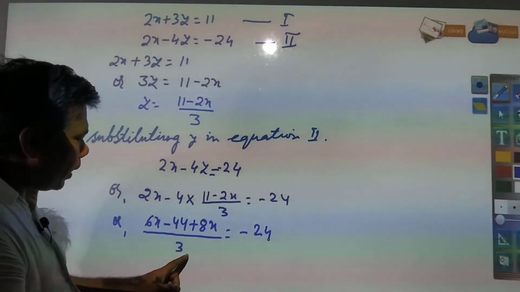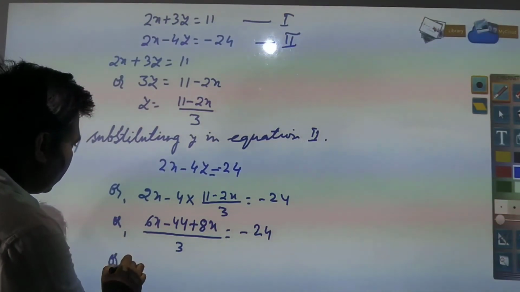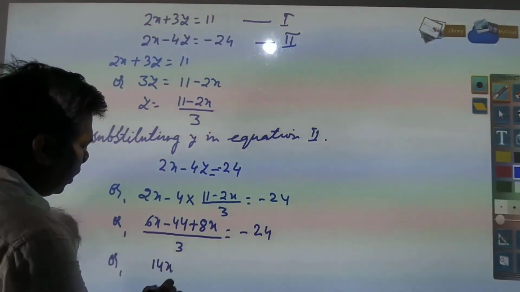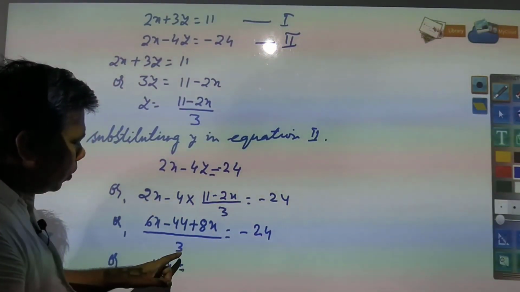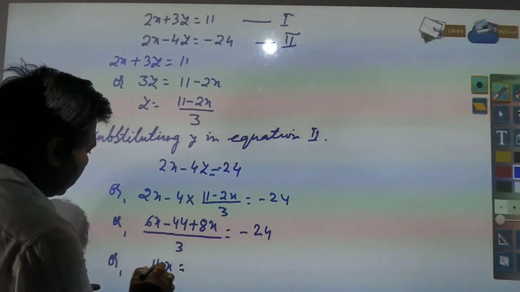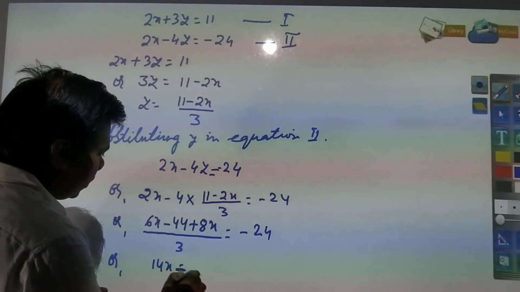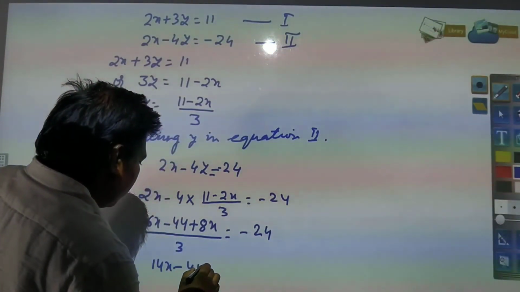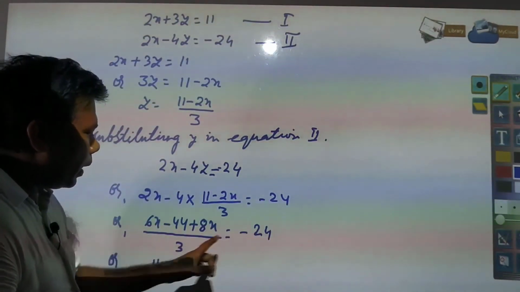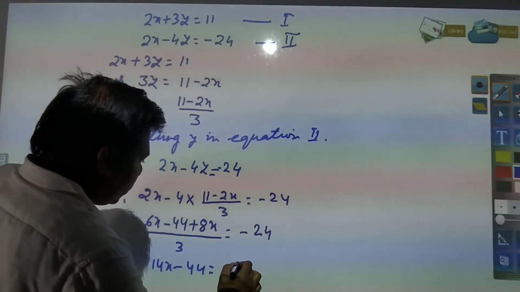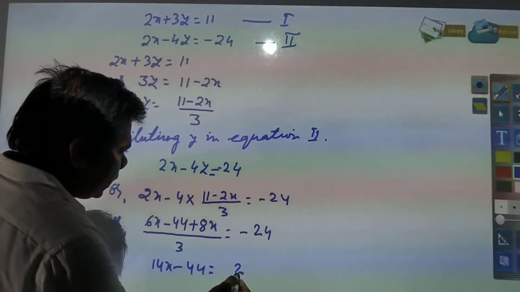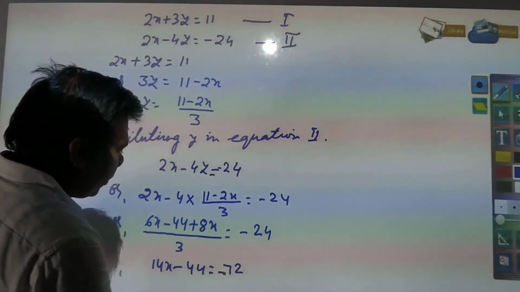We will do cross multiply, so we will get 6 and 8, 14x, and that is equal to, here you write first minus 44 is equal to, this you multiply, 3 fours are 12, 3 twos are 6 and 1, 7, and that will be minus.